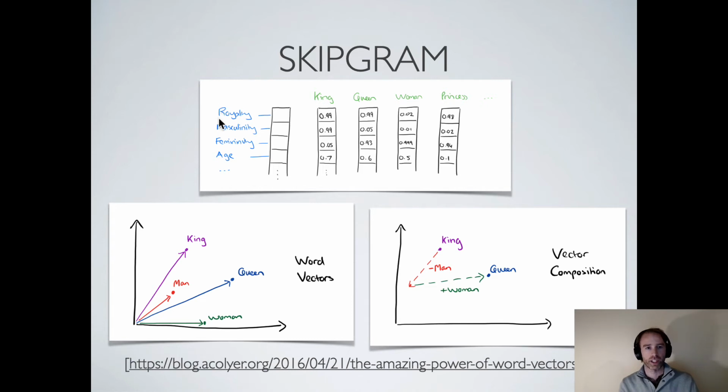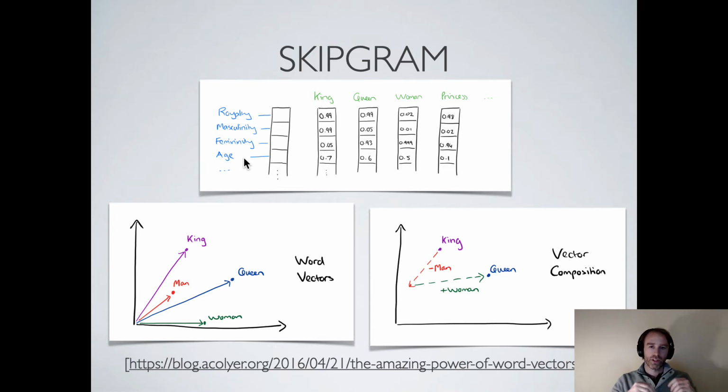For instance, you can imagine that the first value represents the concept of royalty, the second one the concept of masculinity, and maybe the fourth one the concept of age. Of course, in reality it's much more complex than that, but you can think of it in this way.